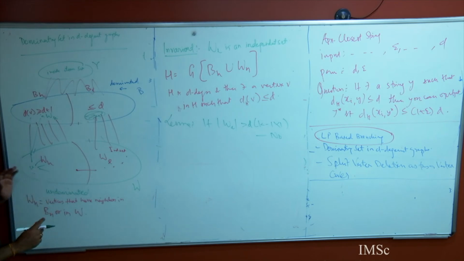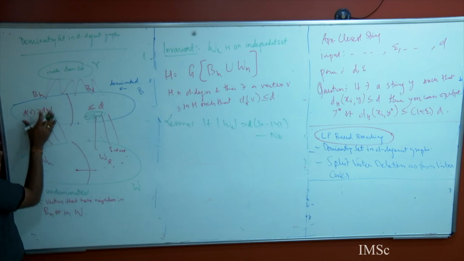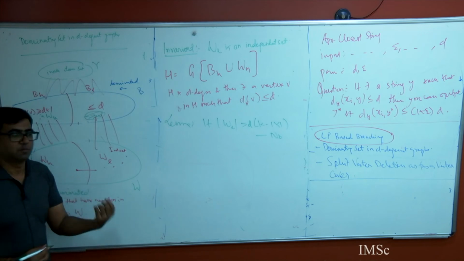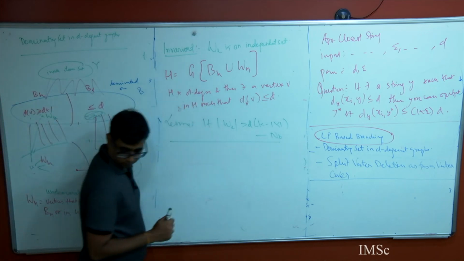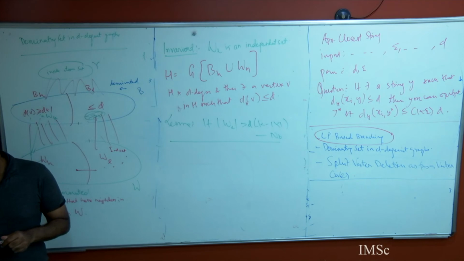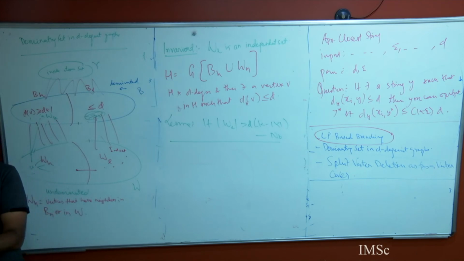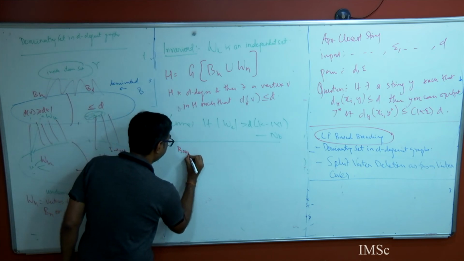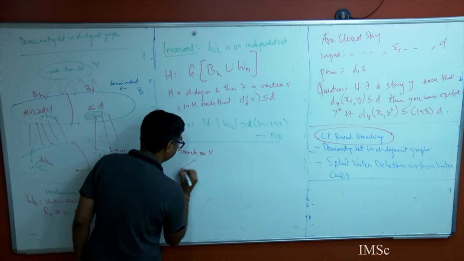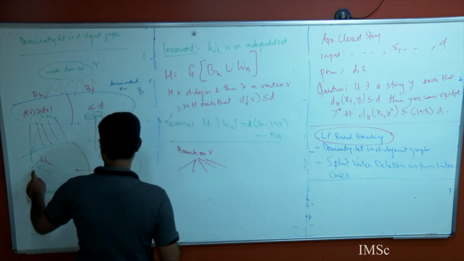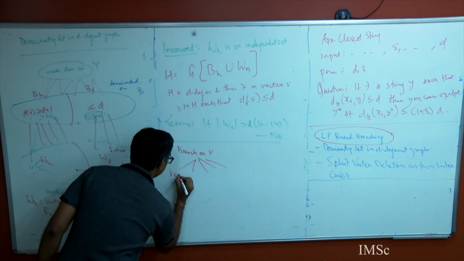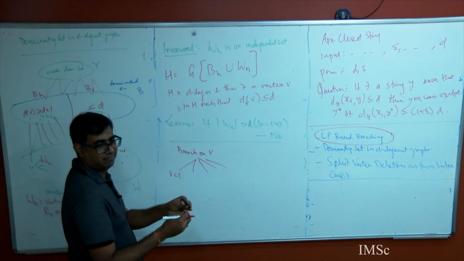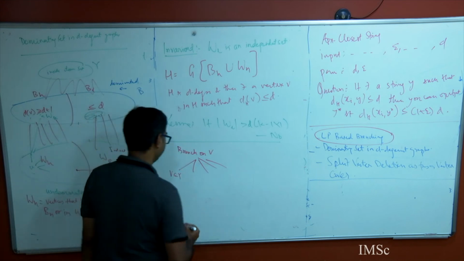Okay. So our base case will be when BH and WH are the empty set. Now let's branch on this V. So what is the meaning of branching on V? V is in Y, your solution, and suppose it has neighbors, say x1 to xd.